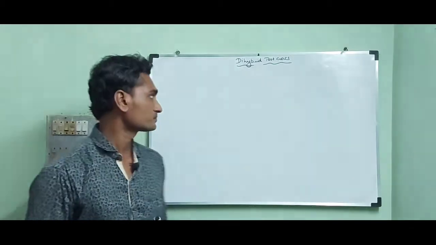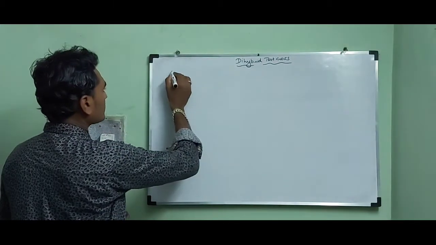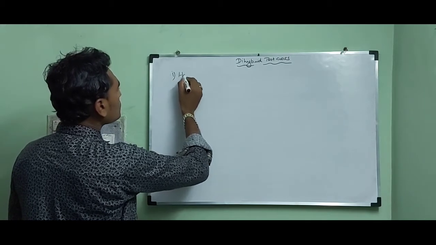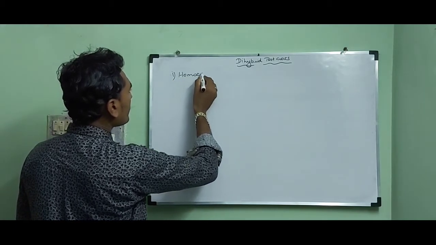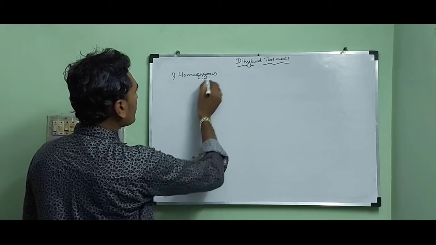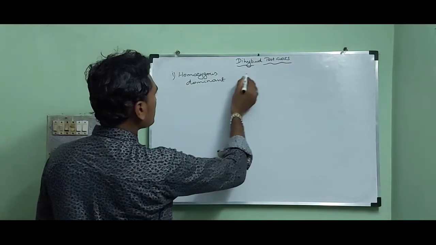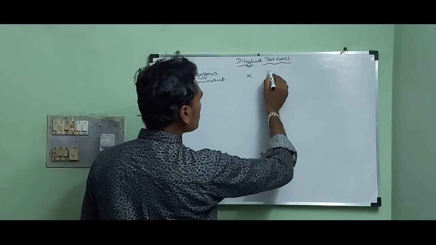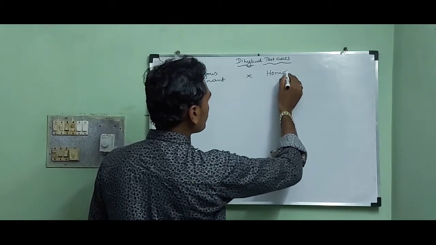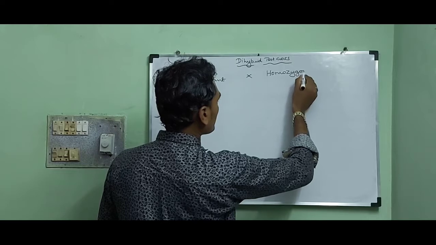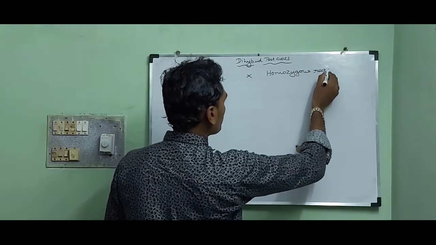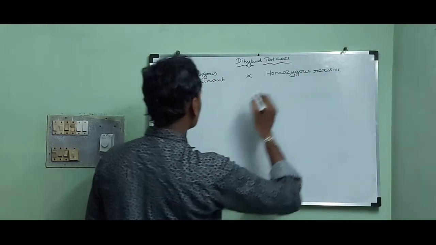They are: the first one is homozygous dominant parent cross with homozygous recessive parent.